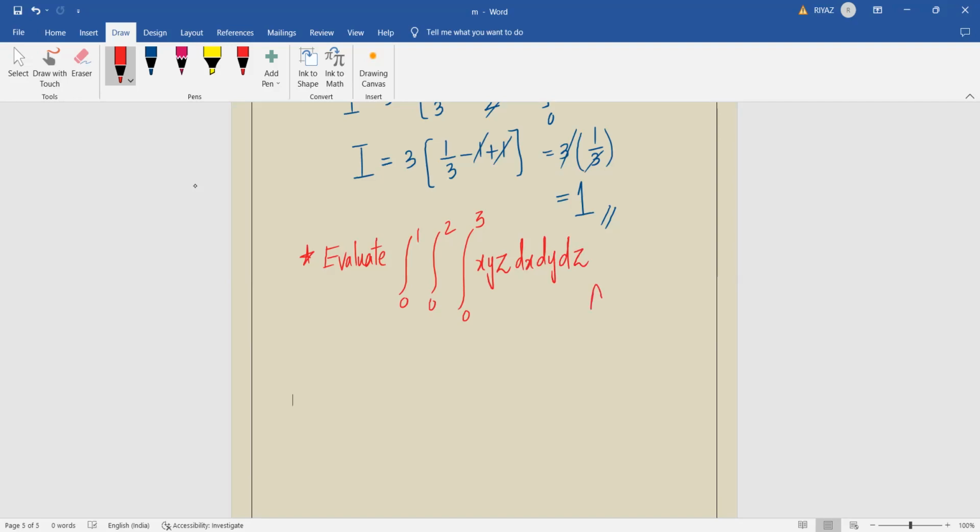For hint purposes, I'm giving the answer also. The answer is 9 by 2. Try this question. Do it with triple integration. And in the next session we'll go for more questions in double and triple integration.